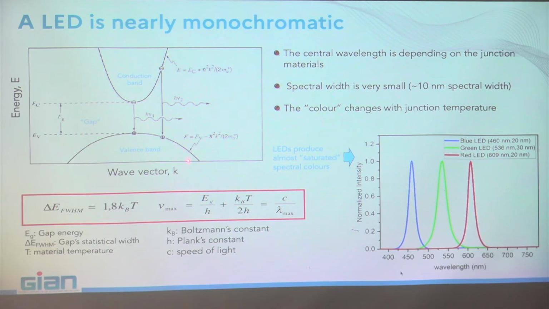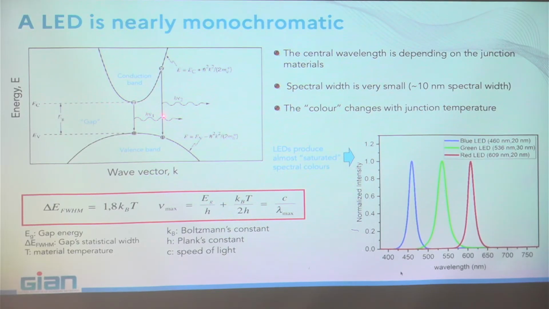And then you have the valence band in the lower part. That means any charge there cannot move, and stays at the same atom at the same position in the crystal, and between those two you have the gap. Okay. Now, when you start feeding the LED, you allow electrons from the conduction band to pass to the other side, meet a hole, and then you have a photon coming out.